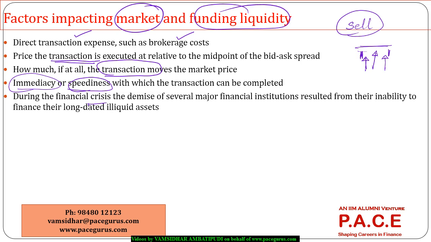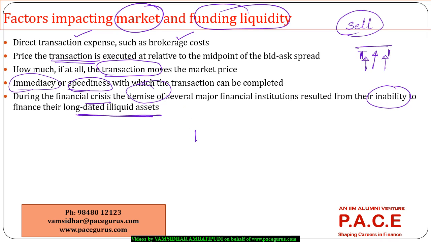So during the financial crisis, there were so many financial institutions that went out of business, and the main reason why they had to shut down their businesses, why they have typically gone bankrupt, is that they were not in a position to finance their long-dated illiquid assets. They were not able to raise capital against the various assets that they had.